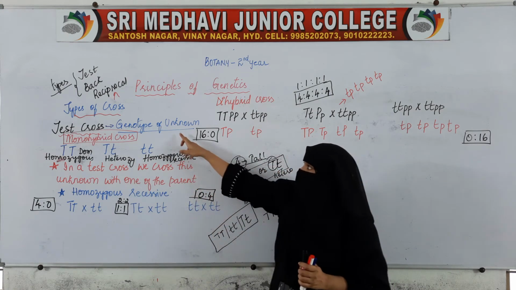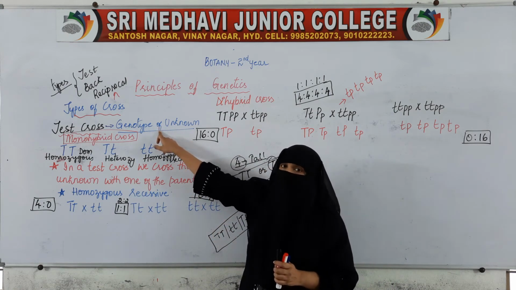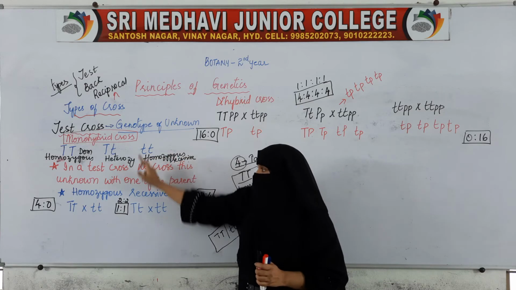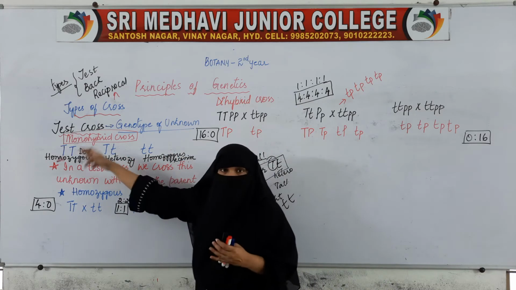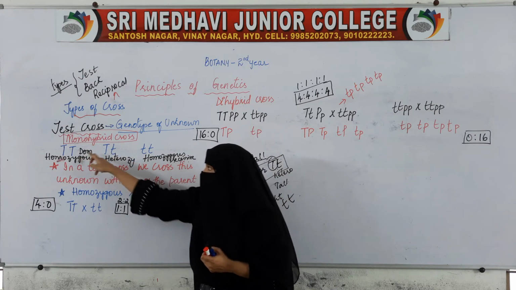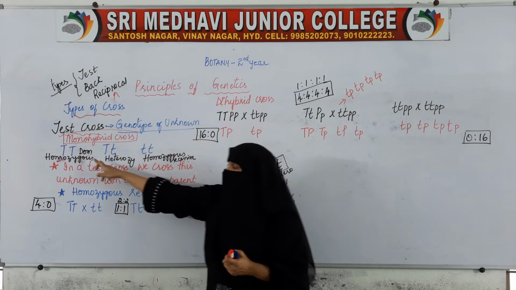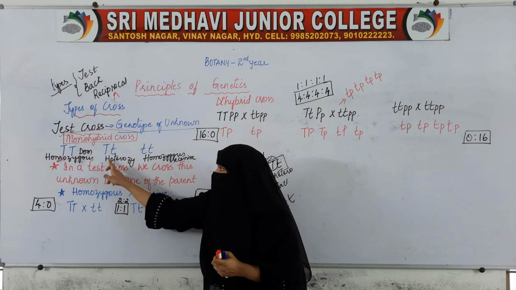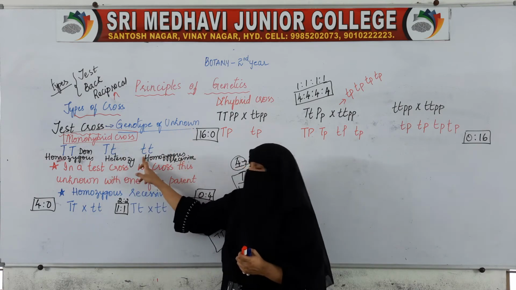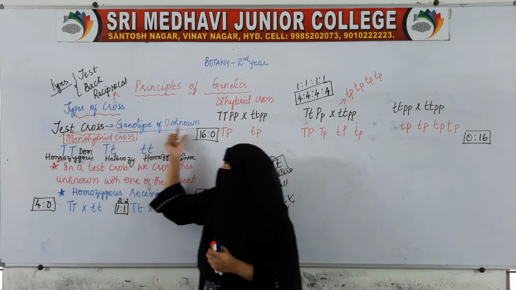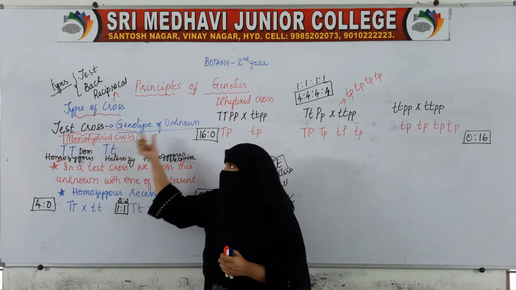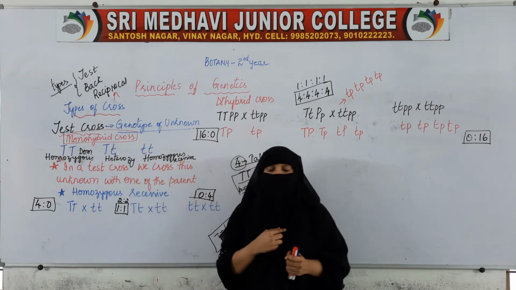So now we have to find the genotype of the unknown. The unknown can be this, or it can be this. This unknown genotype can be homozygous dominant, heterozygous dominant, or homozygous recessive.